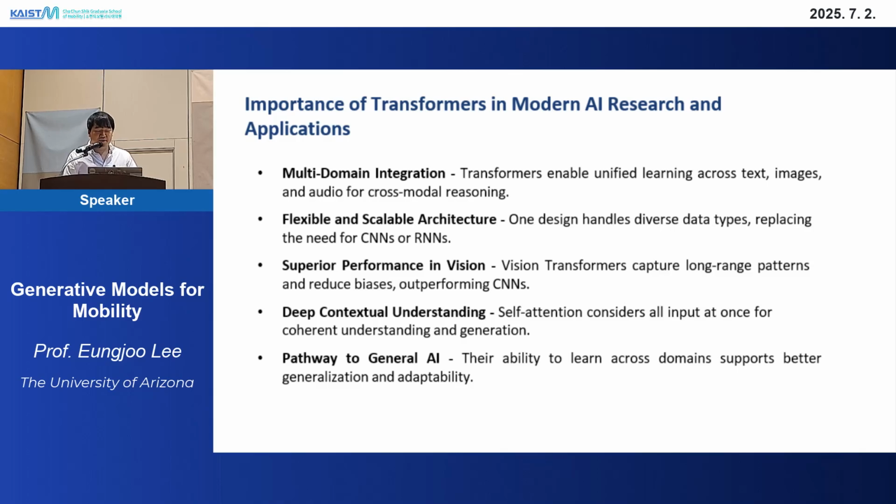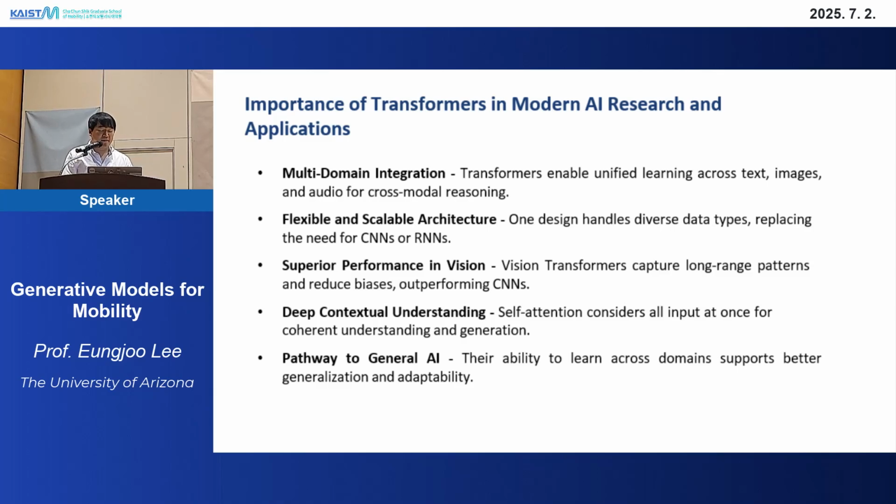The importance of the transformer in modern AI research and application, as I mentioned in the previous session, is multi-domain integration. Basically, you are using multiple data input sources, and a flexible and scalable architecture would be characteristic.